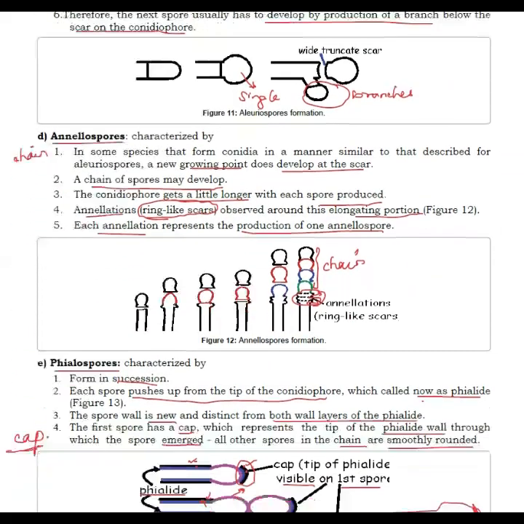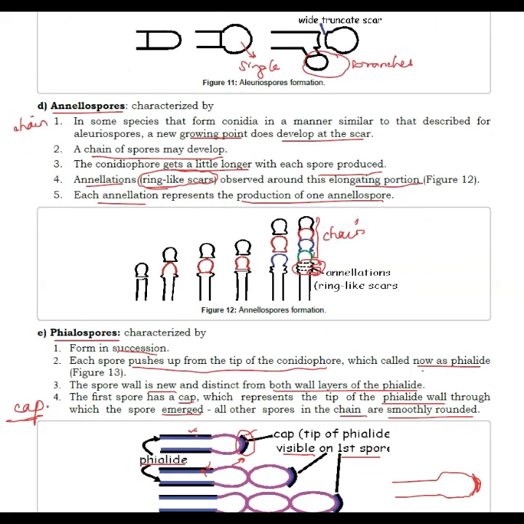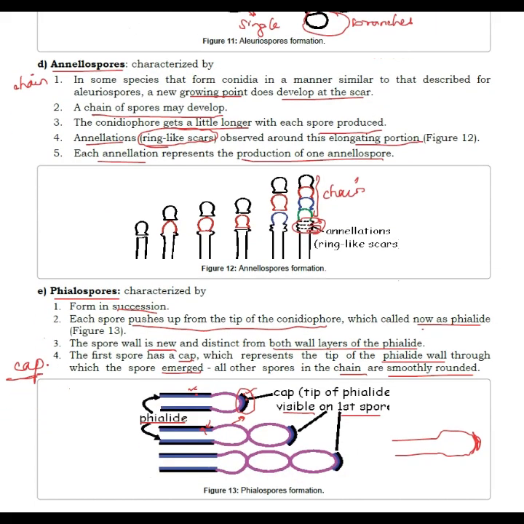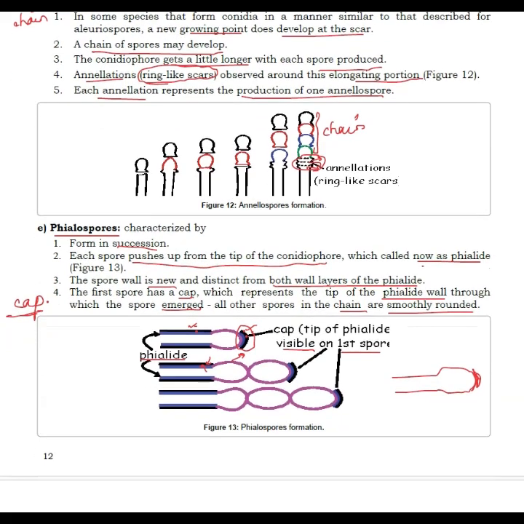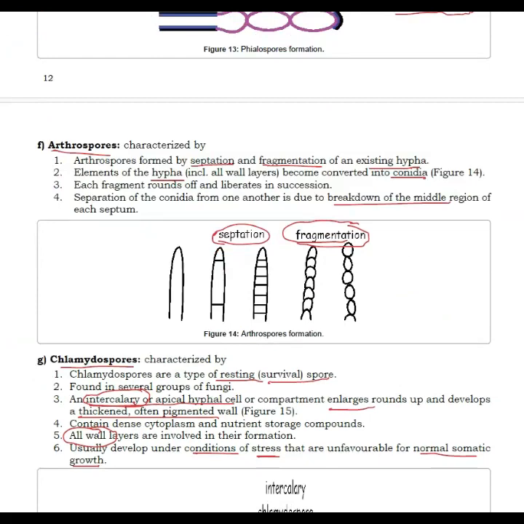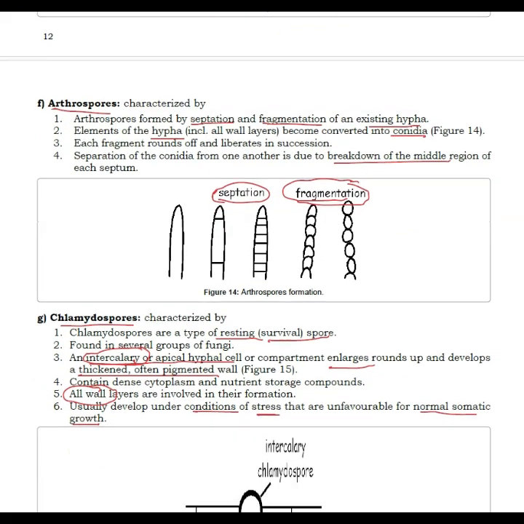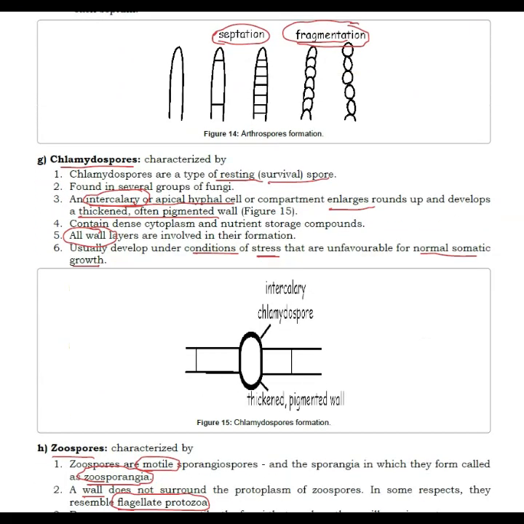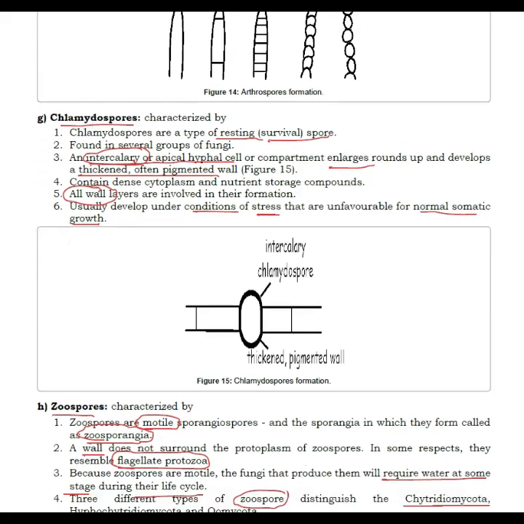Annellospore is where the spores are formed in chains and annellation ring-like scars are formed. And phialospores, where the conidiophore is pushed up to form the spores, and here again chains of spores are formed. Arthrospores, where septation and then fragmentation occurs. Chlamydospores, where the intercalary cell becomes enlarged, thickened, and forms the spore.